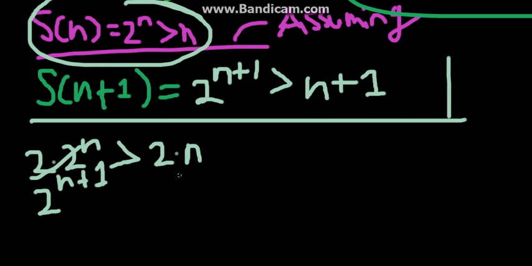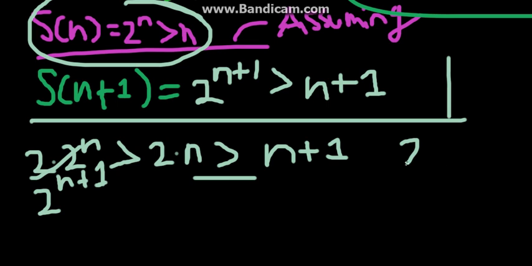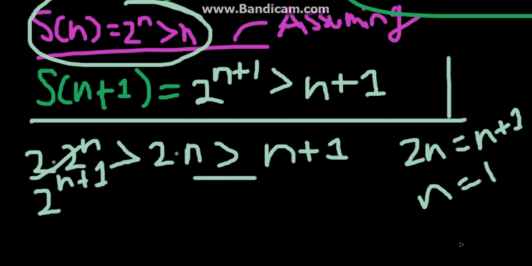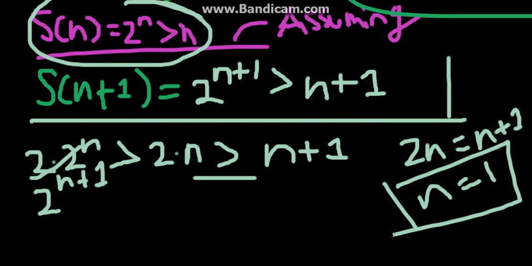Okay, well, looks like this can be greater than or equal to n plus 1. It's only equal to this expression, 2n is only equal to n plus 1, when n equals 1. So this is a sometimes expression.